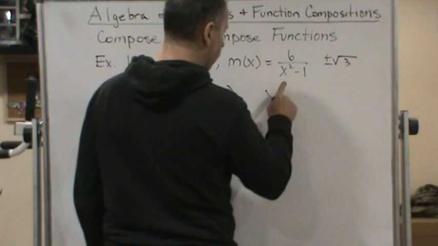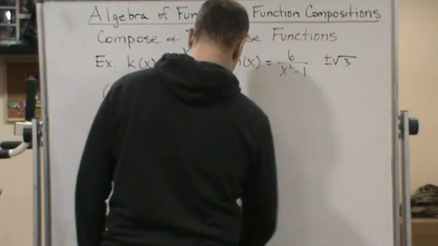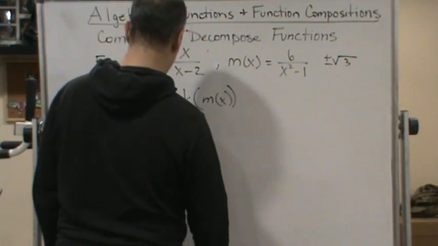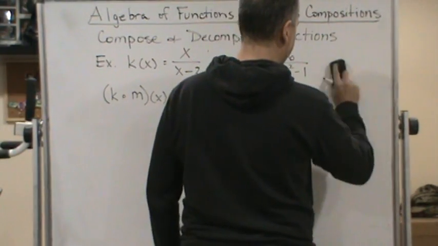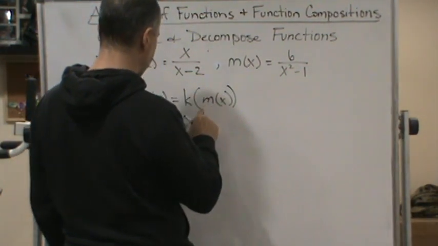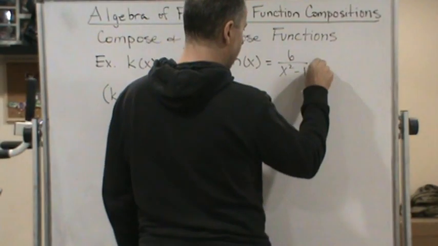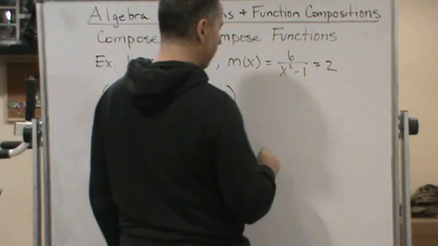No. We need, no, that won't work. Oh, no, I'm sorry. Hold on. M of x needs to be equal to 2. So this whole thing needs to be equal to 2, right?